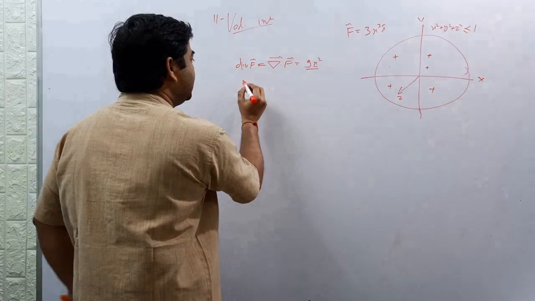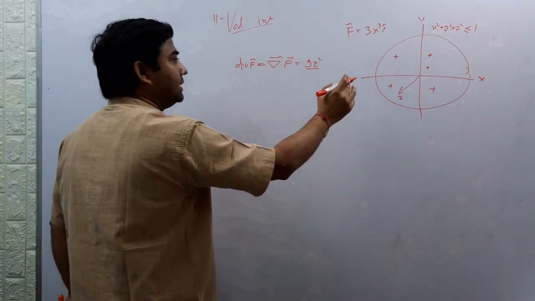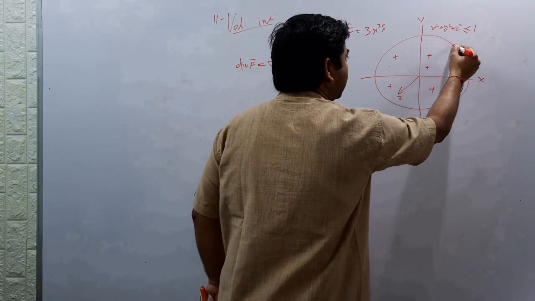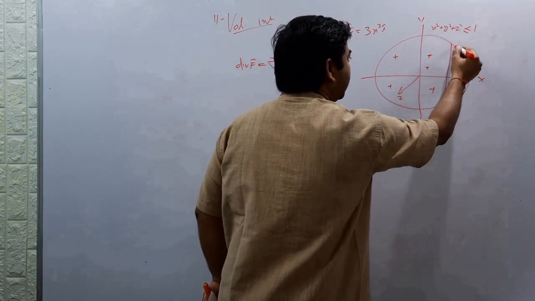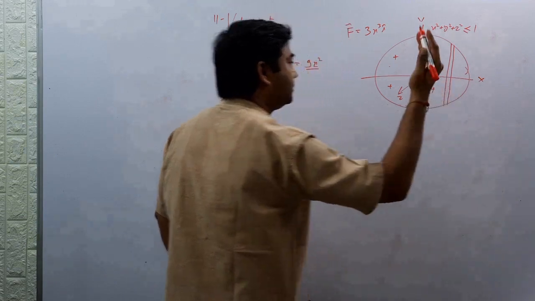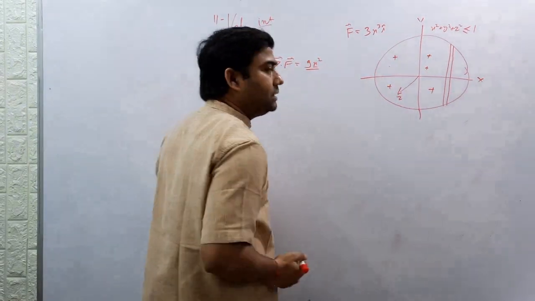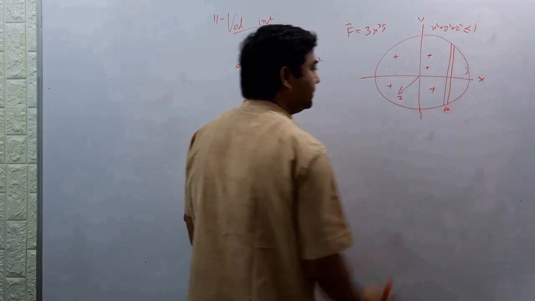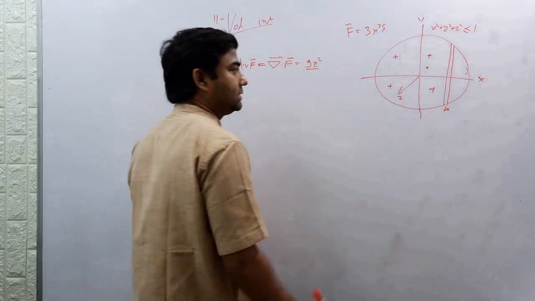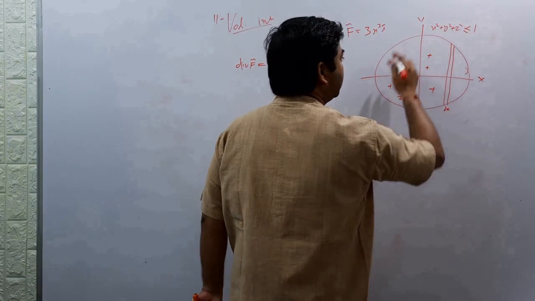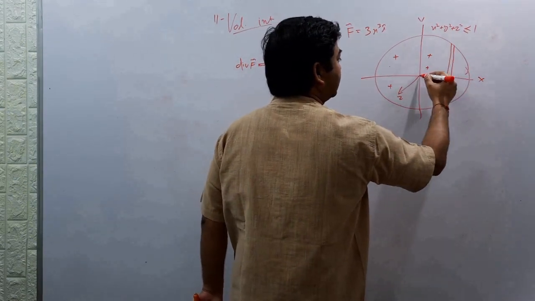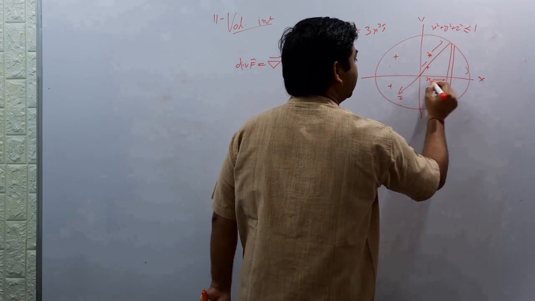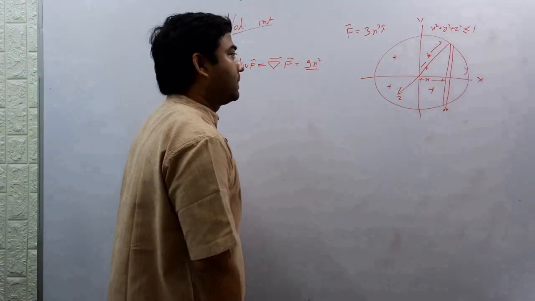Now for the divergence of f, let us take a small disk. If we cut a sphere, it will be a disk. Let us take the width of this disk as dx. This is a sphere having radius 1, so this is 1, and at distance x, this is x.